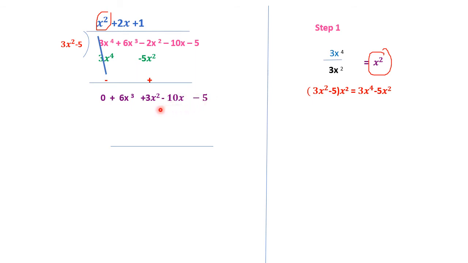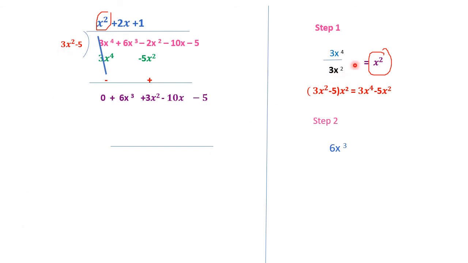And then comes the second step. What shall we do in the second step? Again, we'll take the first term of the dividend and the first term of the divisor, and then we'll divide them both. See, we took 6x cubed, which is the first term of this polynomial inside the dividend, and we are going to divide it by 3x squared, which is the first term of the divisor.